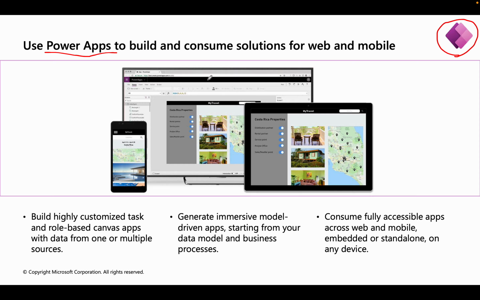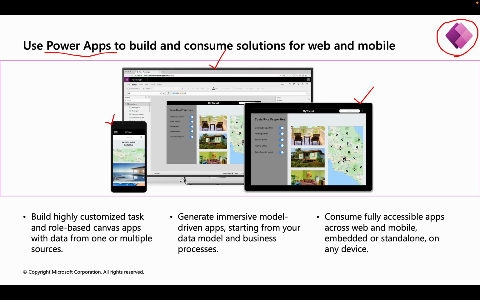Okay, so as you may see, the Power Apps can be used on mobile phone, on pad, even on your desktop. Okay, so Power Apps tries to customize the apps for you.